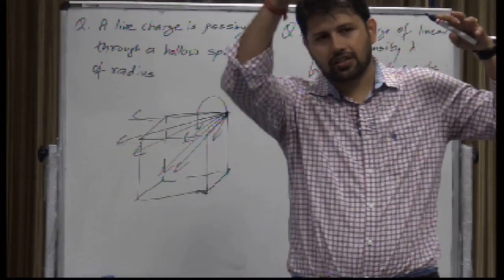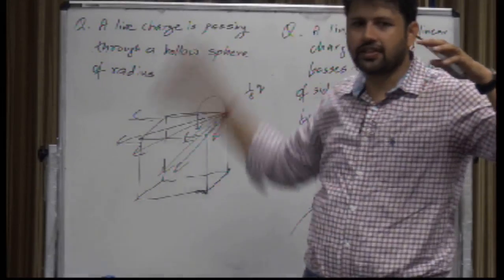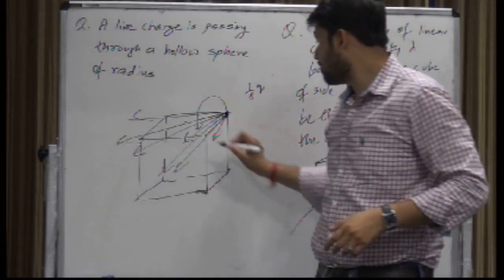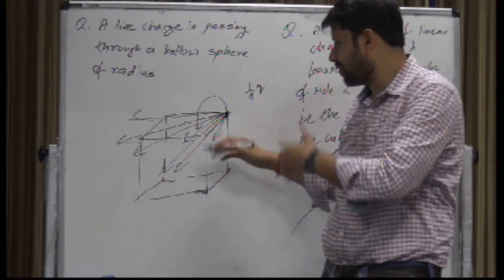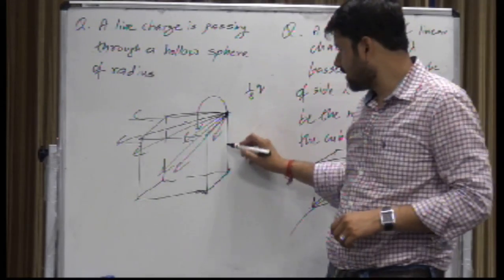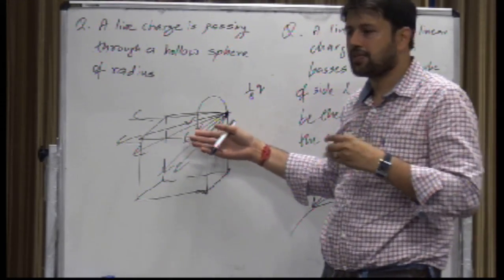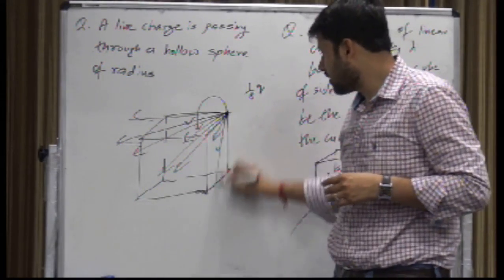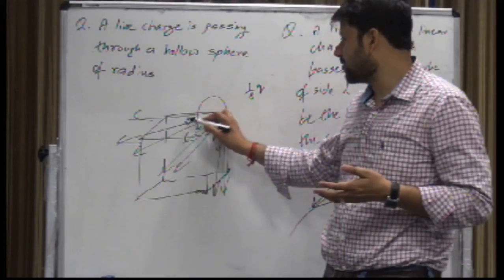For the top, the rear, and the side faces, these 3 faces, the field lines would go parallel like this. So no flux through these 3 faces.